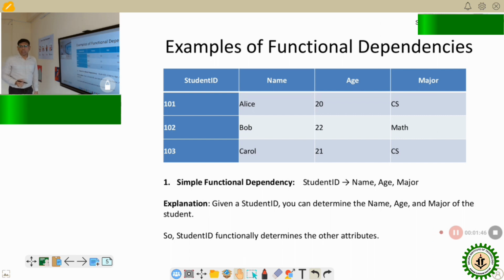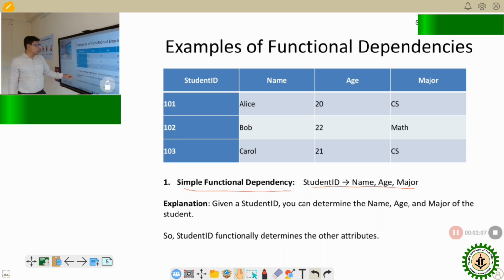Now let's start with the example. So, simple functional dependencies. This is an example of this. The name, age and major are dependent on the attribute student ID. So student ID here is unique: 101, 102 and 103.